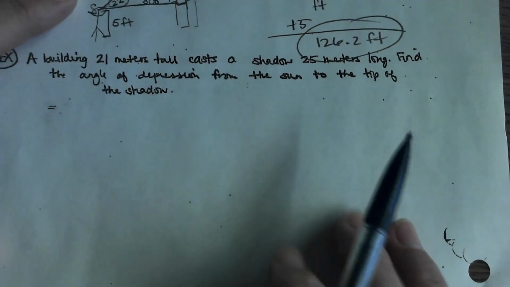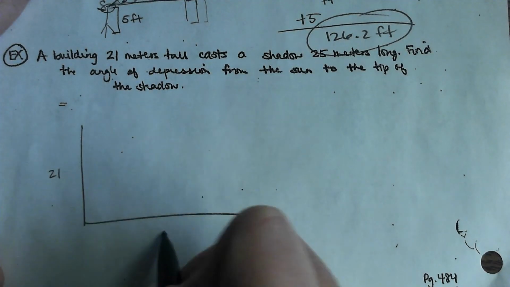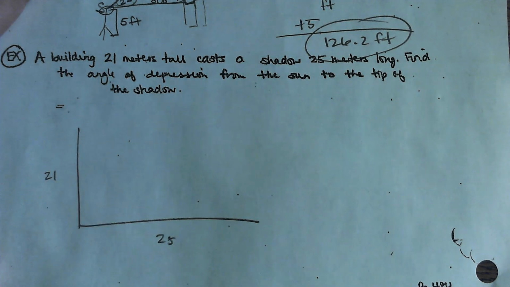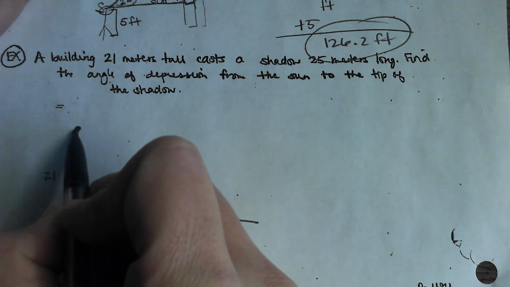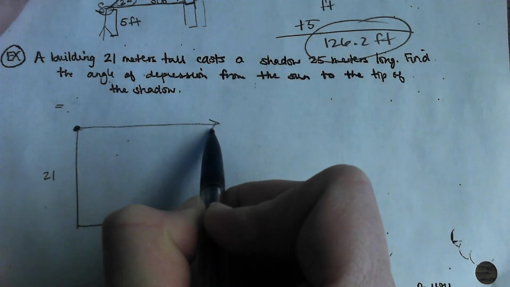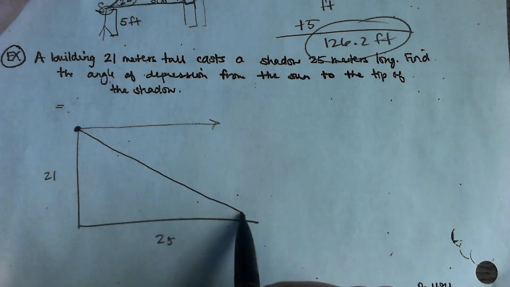All right. A building 21 meters tall casts a shadow 25 meters long. The angle of depression. So the angle of depression, as opposed to the angle of elevation, is from the top looking down. But still, it's the angle created. So if you're up here at the top of the building, your horizontal line of sight is there, and your line of sight down to whatever object is there.